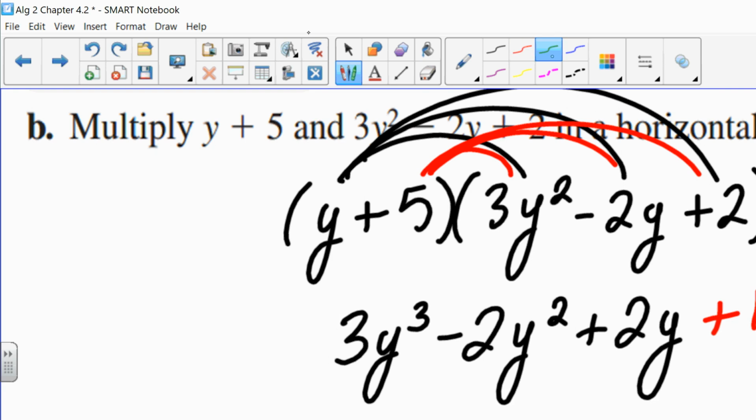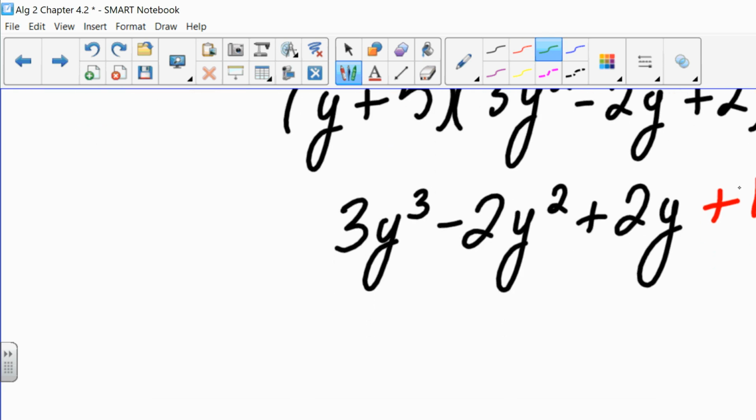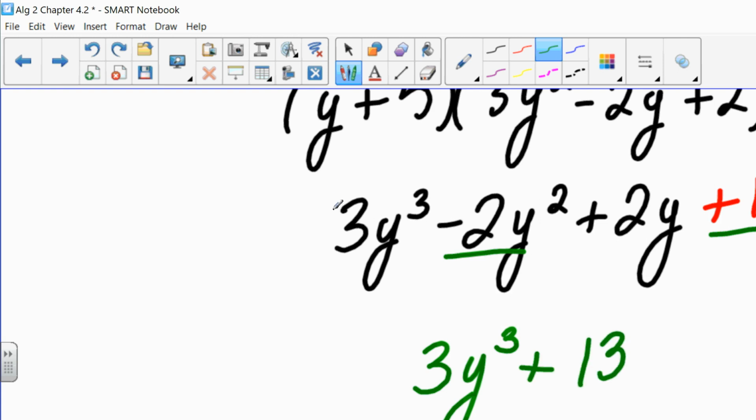Well, not quite finished yet. We still have to combine our like terms. Now, 3y cubed doesn't have any like terms with it. But negative 2y squared and 15y squared are like terms, and we can combine those, which would be plus 13y squared.